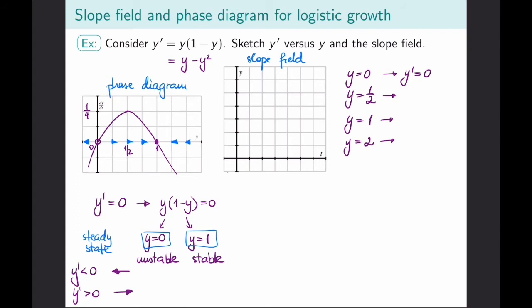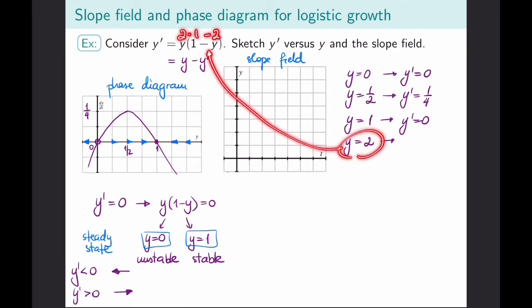If I plug in 1/2, same as here, that will give me a quarter. So y prime here is equal to a quarter. If I plug in a 1, I'm going to get 1 times 0. So y prime is equal to 0. If I plug in a 2, I'm going to get 2 times 1 minus 2. So 2 times -1, or minus 2.